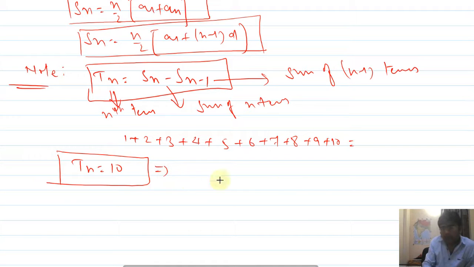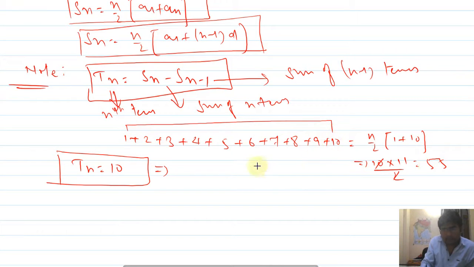To add all the numbers, using the formula n by 2 times (first plus last), n is 10, so 10 into 11 by 2, which cancels out to 55. So from here to here you get 55.